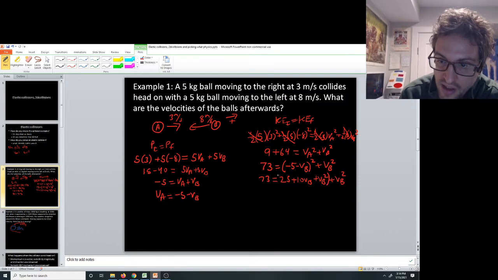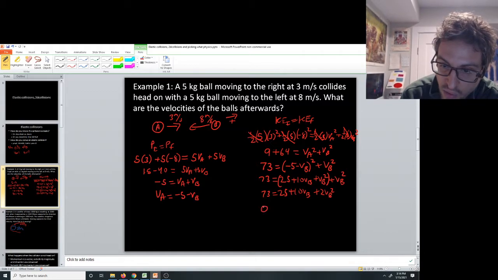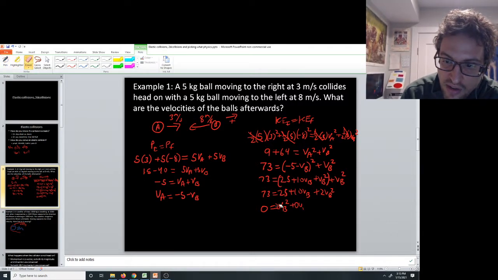And this whole part is the expansion of that squared. So then this becomes 73 equals 25 plus 10 VB plus 2 VB squared. And I can get this into a form: 0 equals 2 VB squared plus 10 VB... that's not very clear.